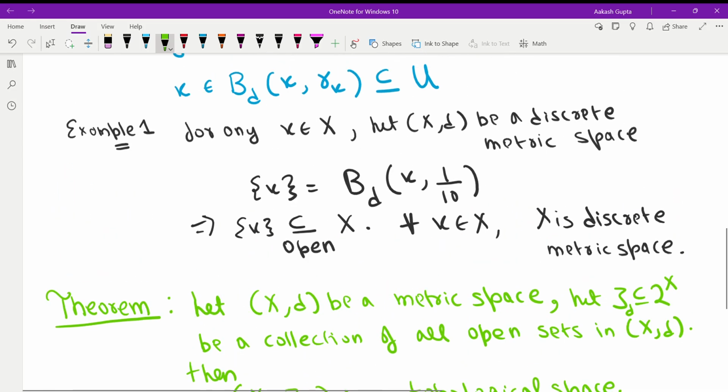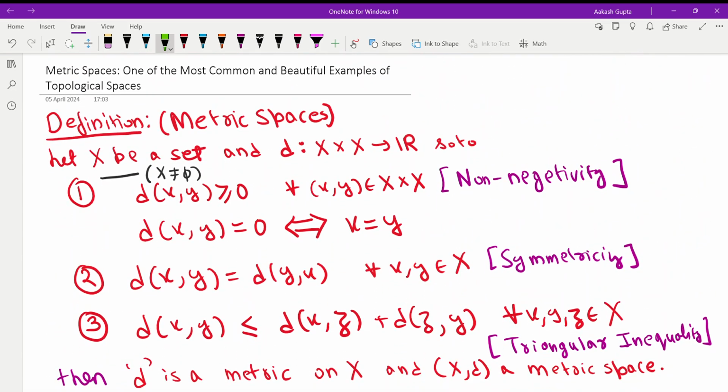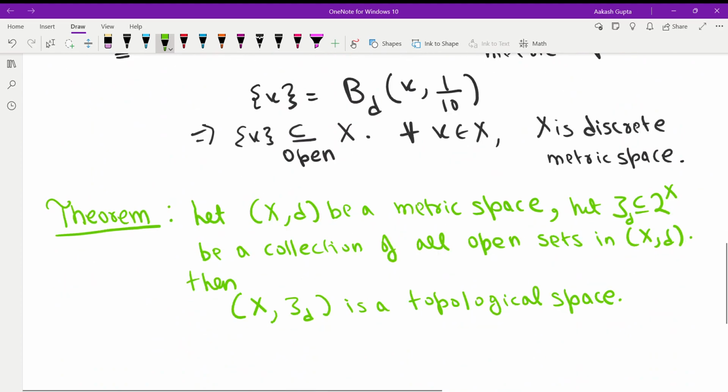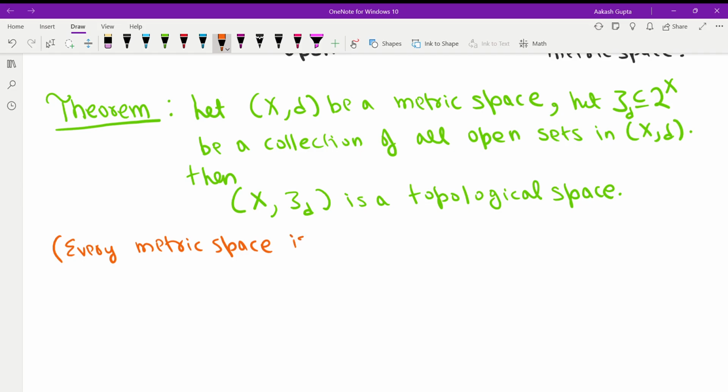So you see, I have named this section an example of topological space. That is the example I want to see. So basically, in short language, every metric space is a topological space.